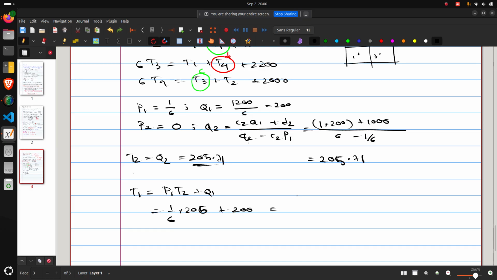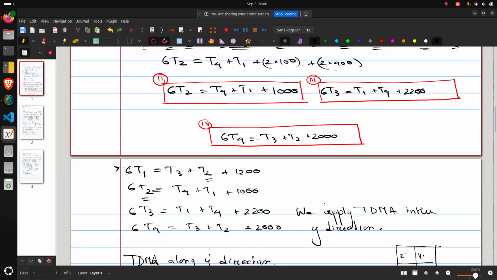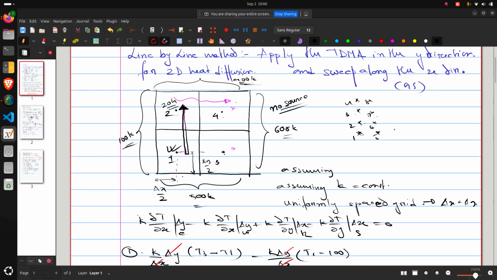So this will be 234. This makes sense, right? Because at the top it is bounded by 400 Kelvin and 100 Kelvin, but in the bottom it is bounded by 100 and 500. So it is natural to have a higher value in the bottom one, right?